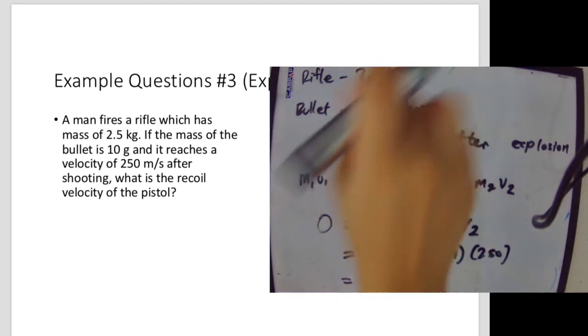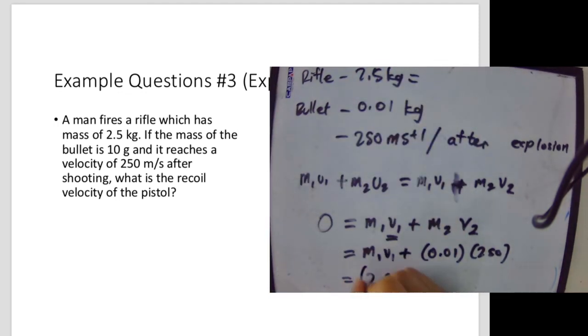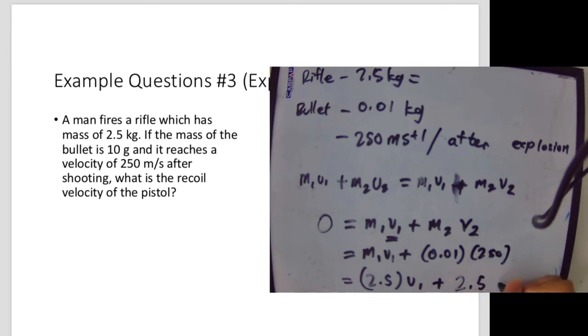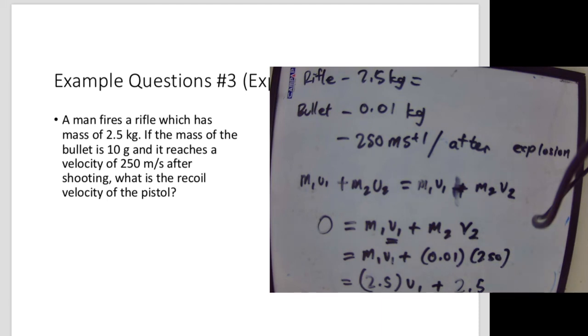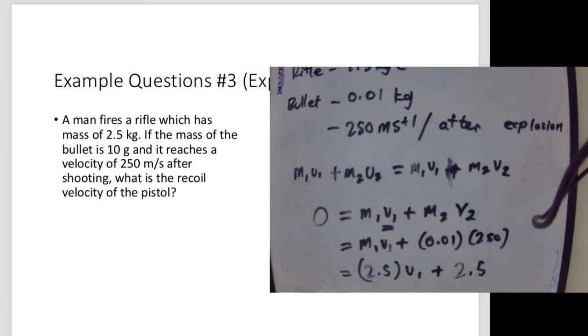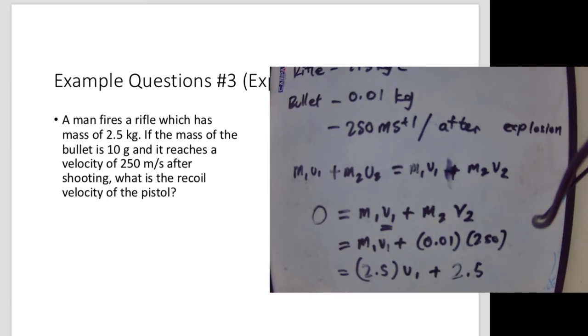So the mass of the rifle is 2.5. Velocity is unknown. Momentum of the bullet we know is going to be 2.5. Okay, from there it's very easy.